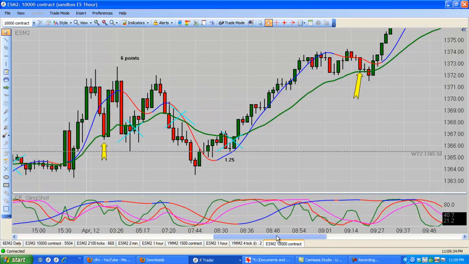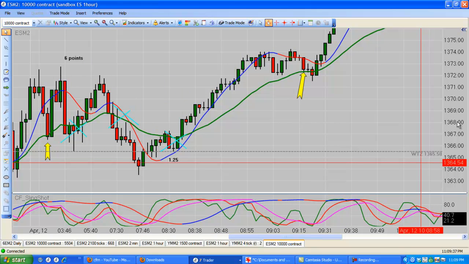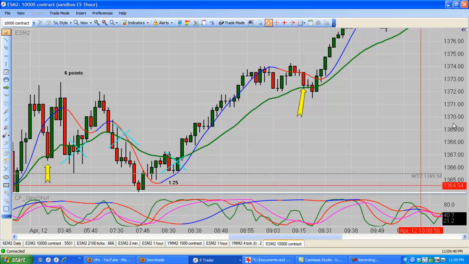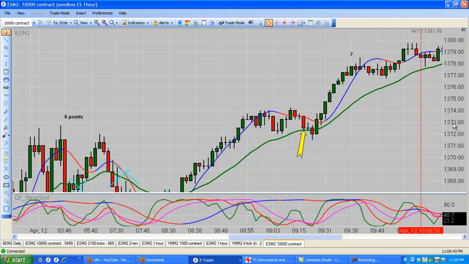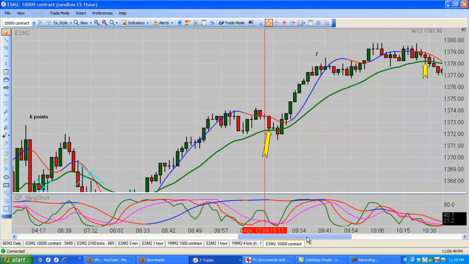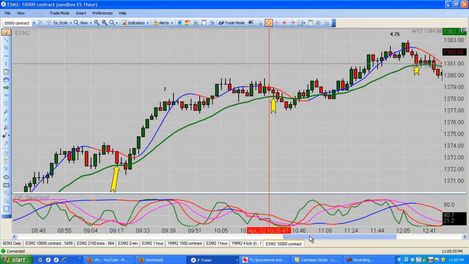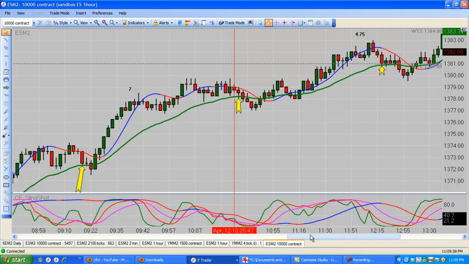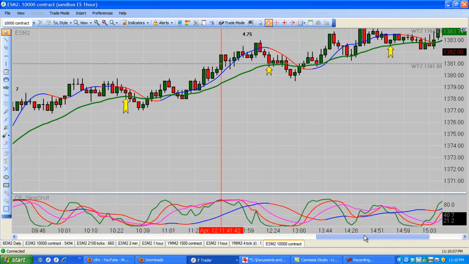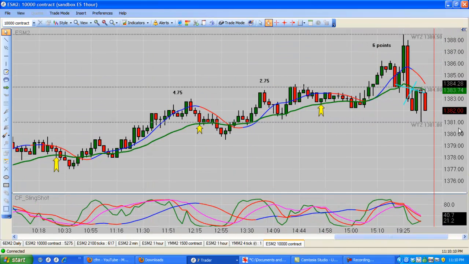There's 1.25, but we just called it a scratch, remember, or a stop out. We counted that as negative 2 points. 7. 4.75. 2.75. 56.